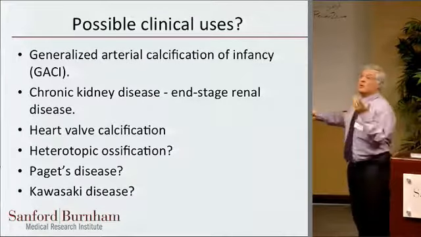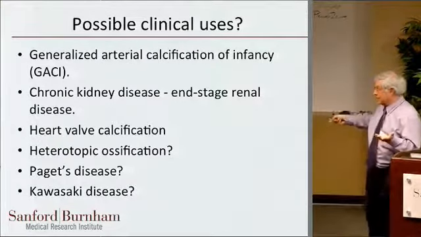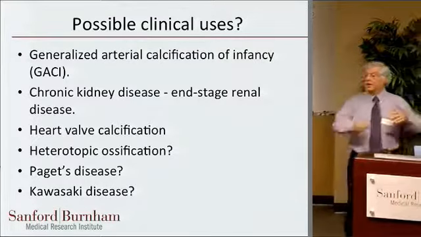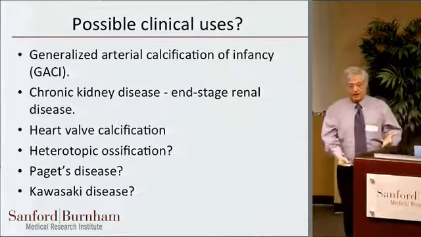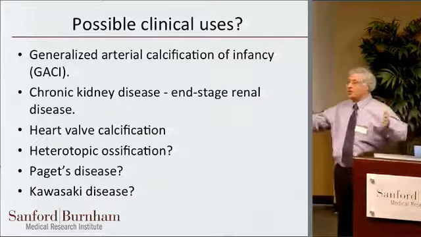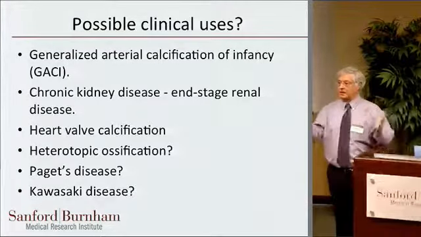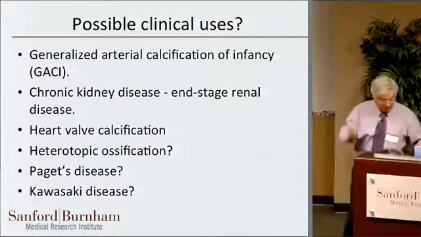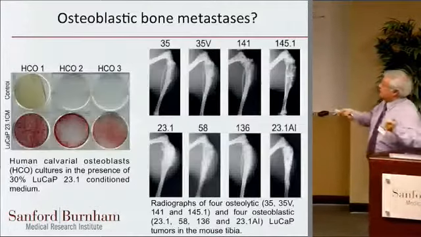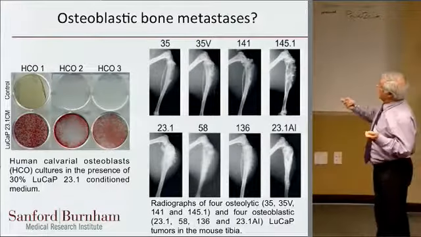Paget's disease, Kawasaki disease. The etiology of this childhood disease is not known, but sometimes if it is not diagnosed properly, when a child reaches age 20 years of age, they have massive coronary artery calcification and they just simply drop dead. So another potential therapeutic use. And even osteoblastic bone metastasis.